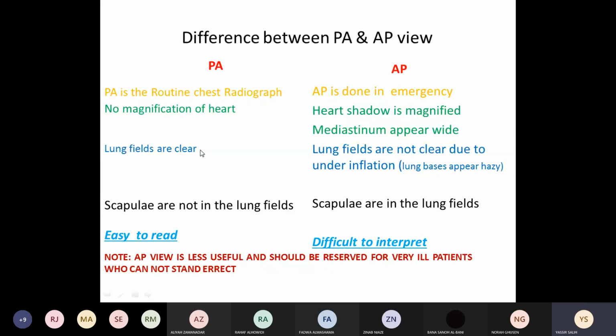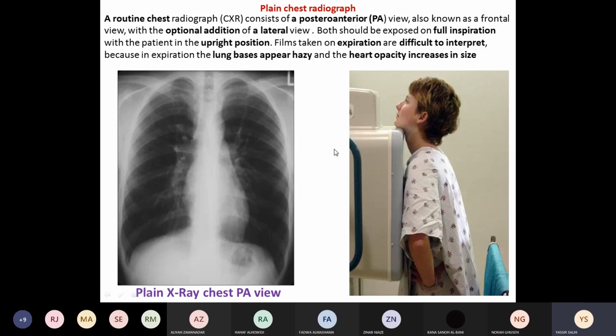The next one is very important: scapulae. The scapulae are seen in the field of the lung on AP. If you go back, this is the routine chest X-ray.